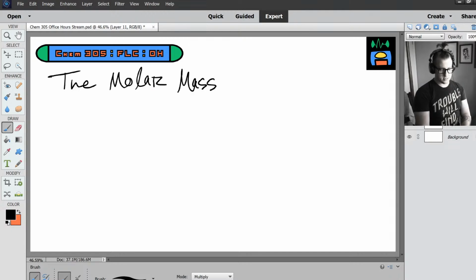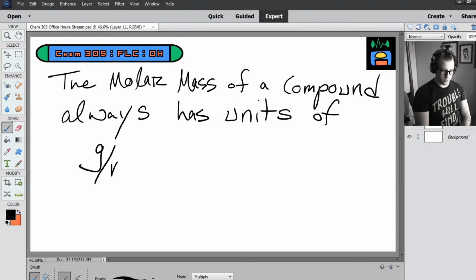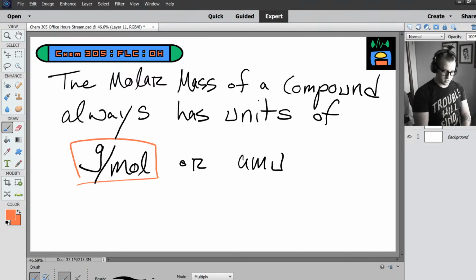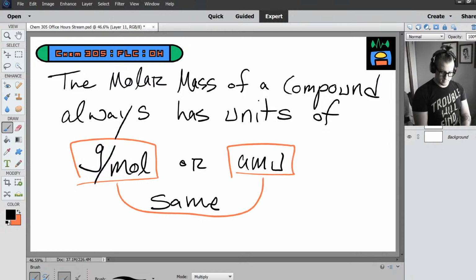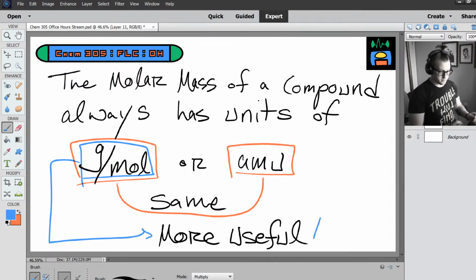The molar mass of a compound always has units of grams per mole or AMU, because these two things are the same, but I will say that grams per mole is more useful. So I always just use grams per mole.